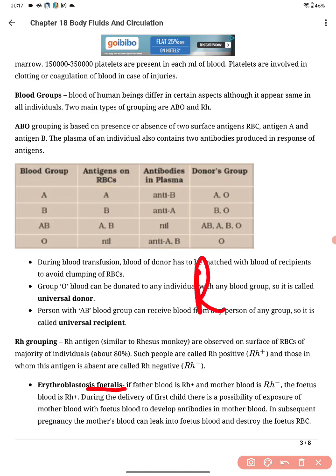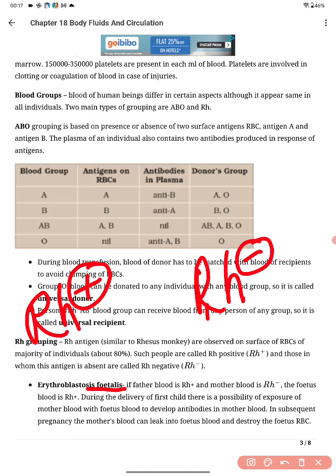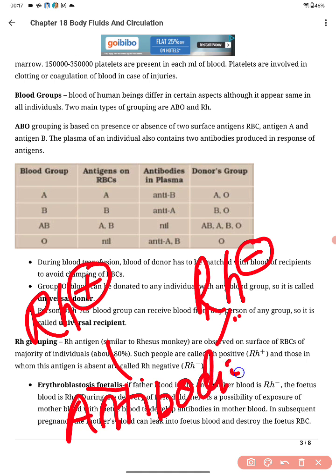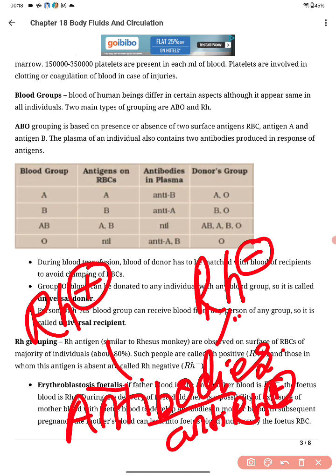If she is Rh negative and her husband is Rh positive, then after the delivery of the first baby, we give her antibodies, anti-Rh antibodies.